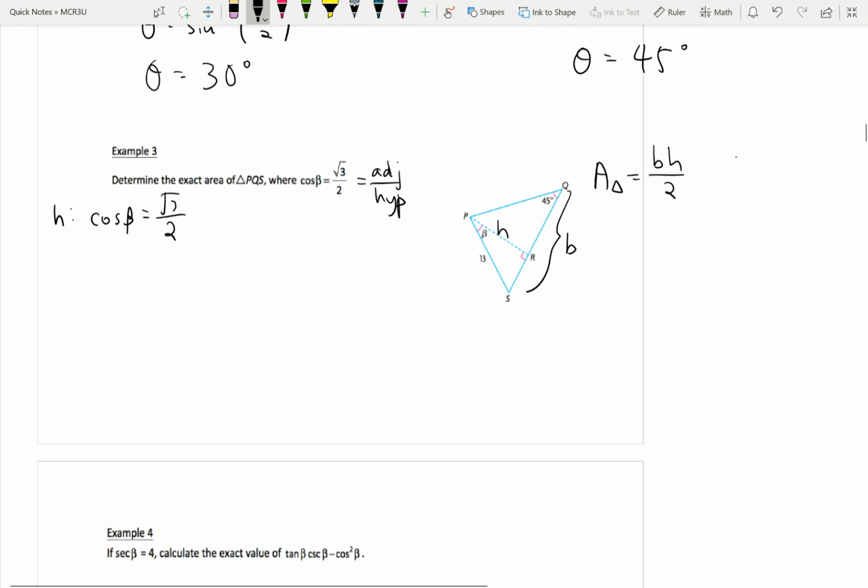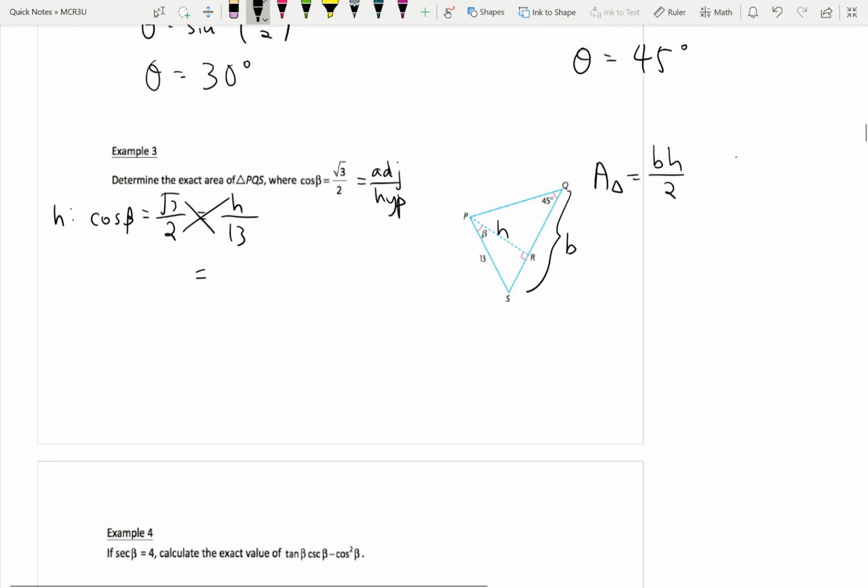So what they're saying is that the adjacent to the hypotenuse is root 3 over 2, but because in this particular triangle your hypotenuse is 13, I have to figure out what h is by using this ratio. So h was my adjacent by looking from beta, and having the setup, I can cross multiply.